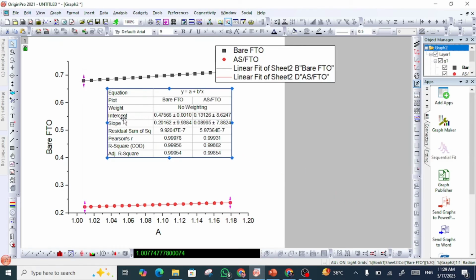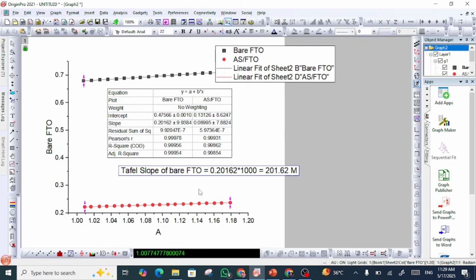Okay, we have a slope value for FTO of 0.20162, and then multiply it by 1000. It will be 201.62 millivolt per decade.